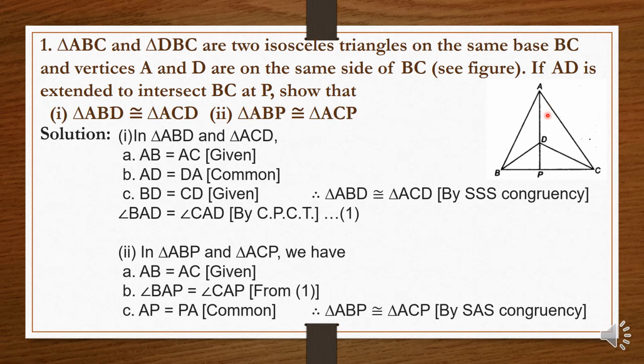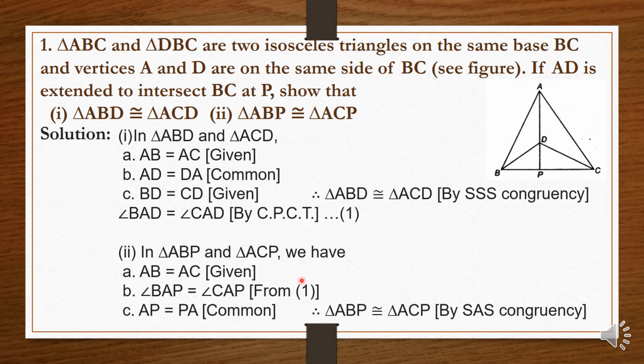we can see that they are congruent, right? So see, from the previous congruency, we can already say that BAD equals CAD, right? By CPCT, BAD right here is equal to CAD. Since it is already there, we can use it. So we have AB equals AC, AP is a common side, and the angles between them are also equal.